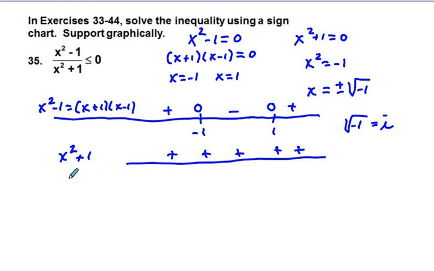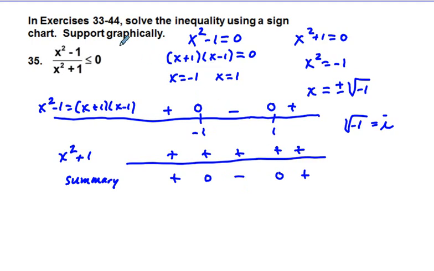So for our summary, we would have positive here, positive divided by positive, 0, negative divided by positive is negative, 0 divided by positive is 0, and then we would have positive here.